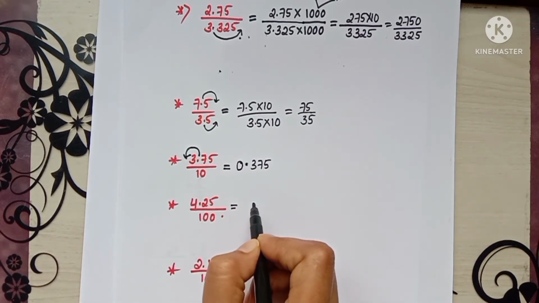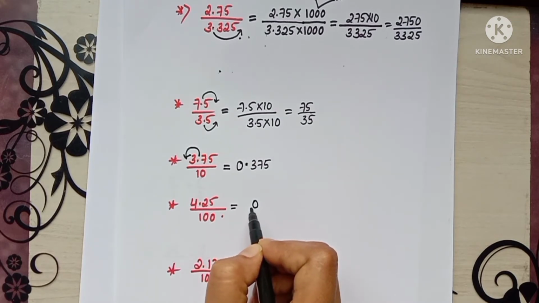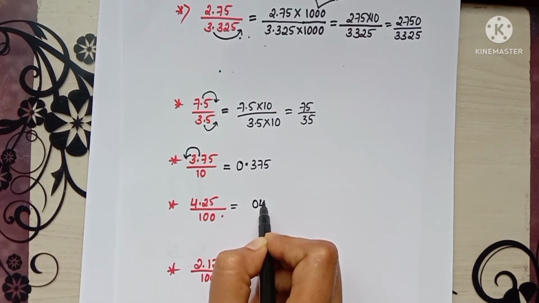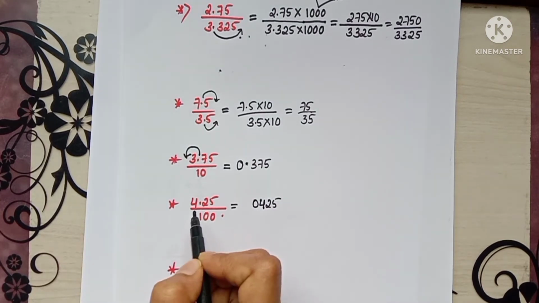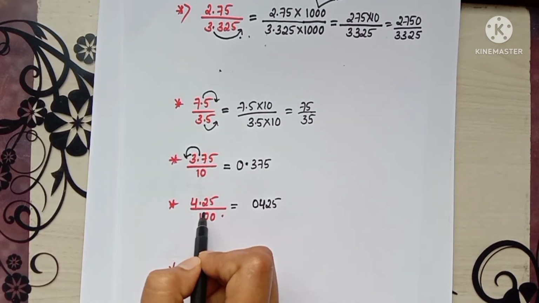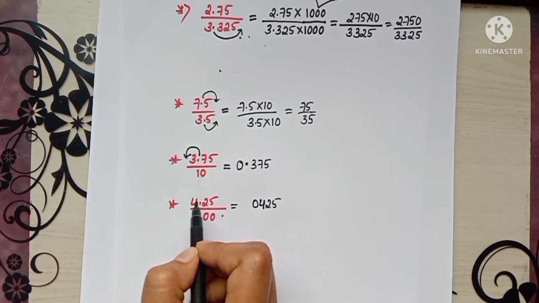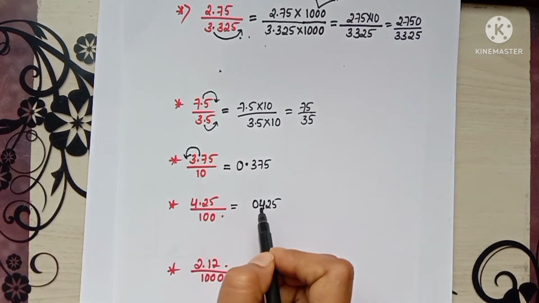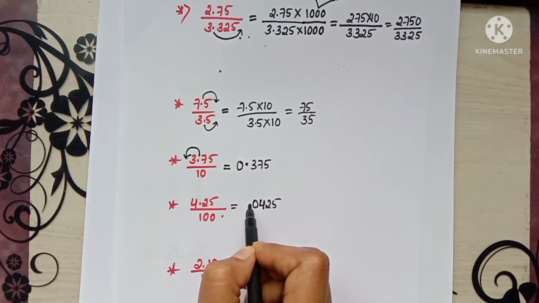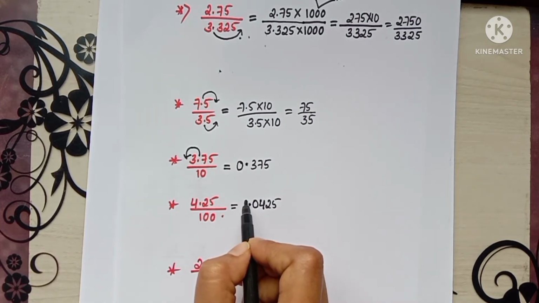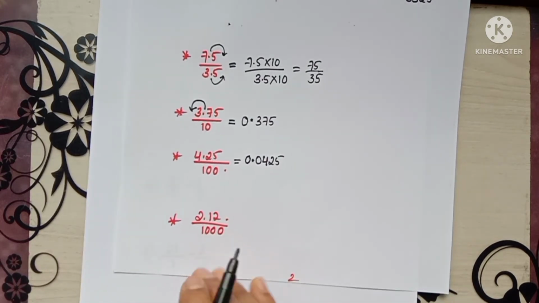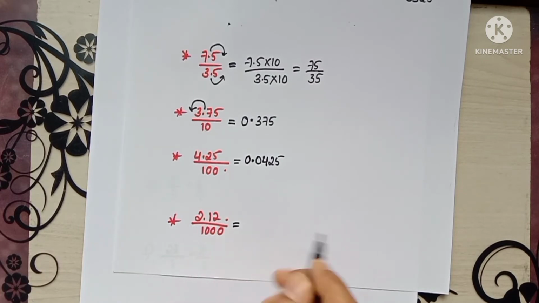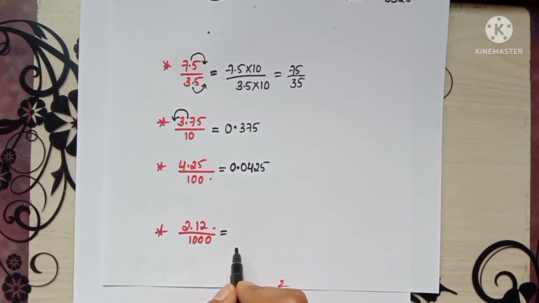Nothing means we have to take 0. 0 and then 4, 2, 5. So here 100 means we have to go to the left side by 2 digits. So here 1 and 2. Decimal point will be here. Nothing is there means we have to take 0.